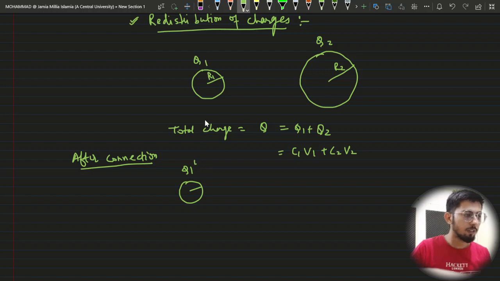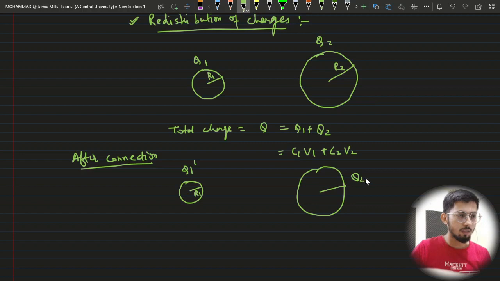We don't know, it may be equal to Q1. We are just assuming it has now got a charge Q1 dash, because redistribution may take place if one has more charge and the other has less. Radius will still be R1, we are not writing R1 dash because that's a physical thing. Let's say this is Q2 dash and the radius is still R2, and we connected them like this.